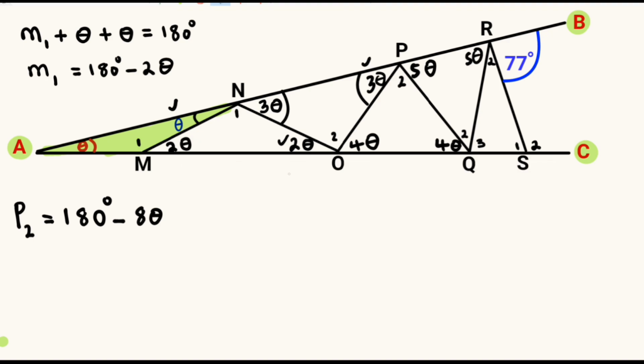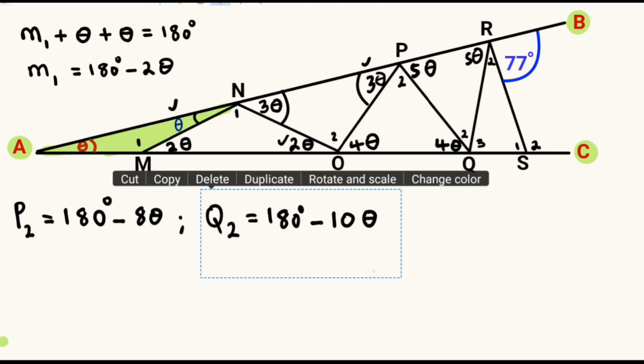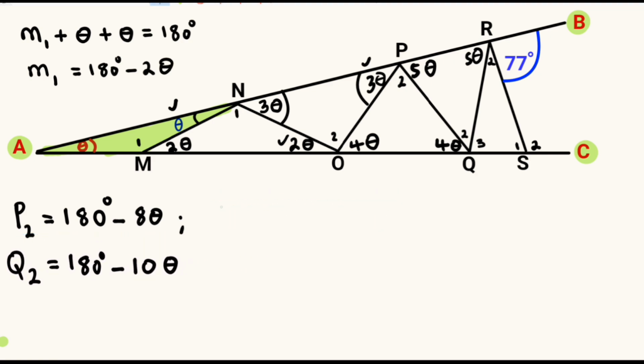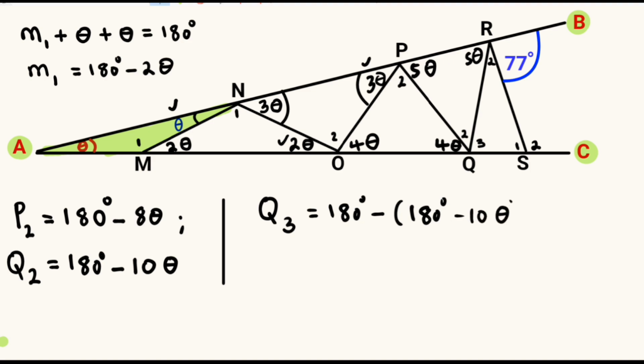Now we have to determine Q2, and our Q2 will be equal to 180 degrees minus 5 theta minus 5 theta, which will be equal to 10 theta. To determine Q3, we use the fact that the angles on a straight line equal 180 degrees. So we have 180 degrees minus Q2. Our Q2 is equal to 180 degrees minus 10 theta, minus the 4 theta, the Q1.